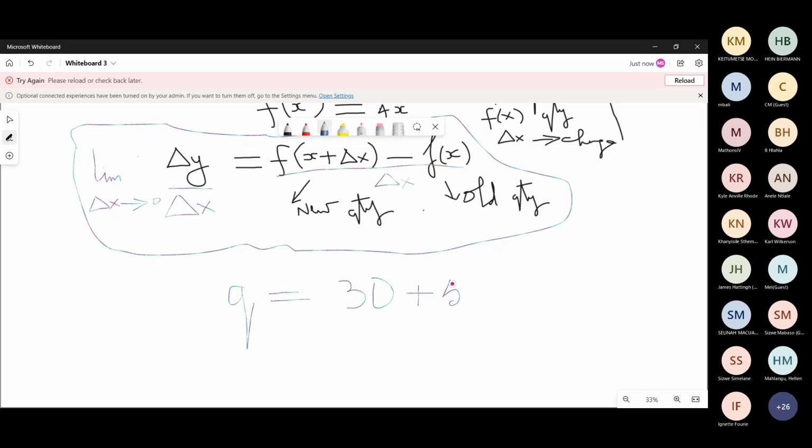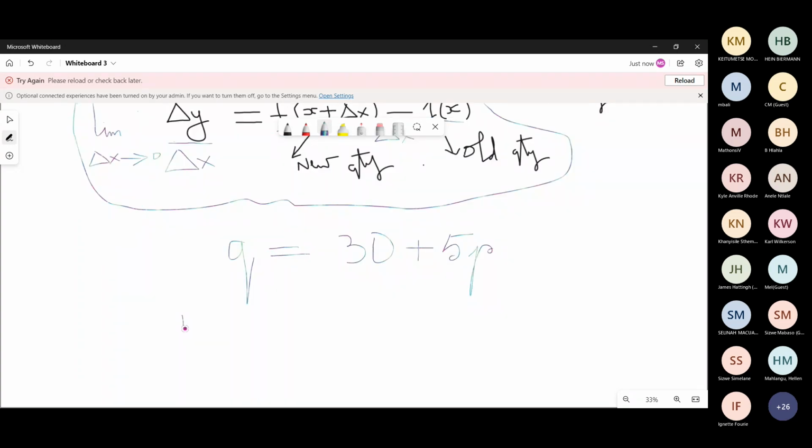P is the price, Q is the quantity. If I ask you, what is the rate of change in Q, or how does Q change with respect to P?